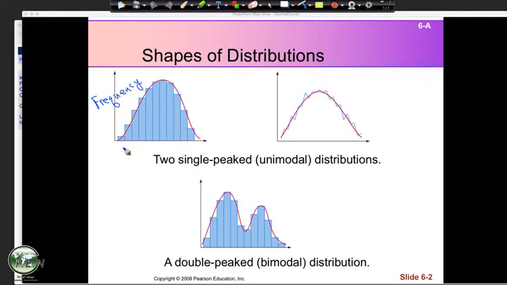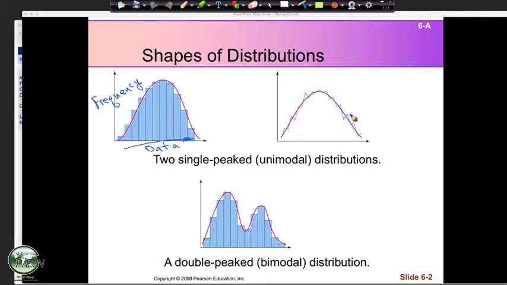And along here is some sort of measurement, data values. It might be a salary, so this is the distribution of salaries within a company. Most people are making the salary in the middle, whatever that is.